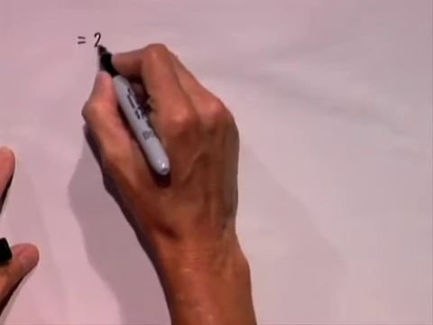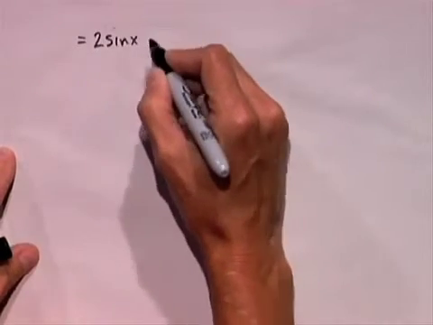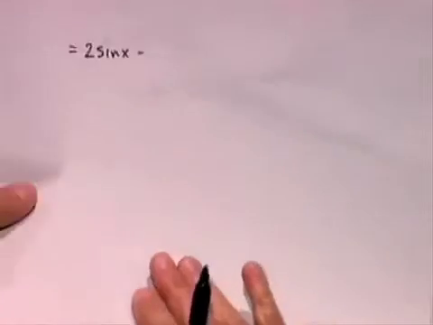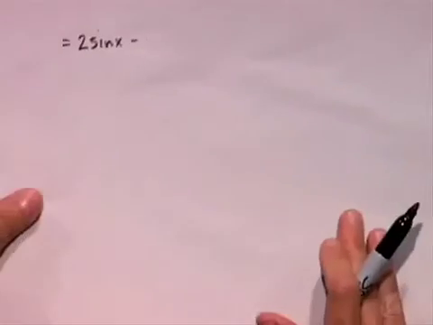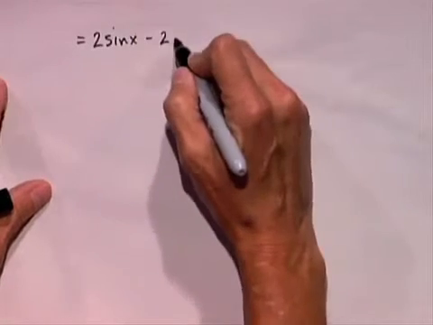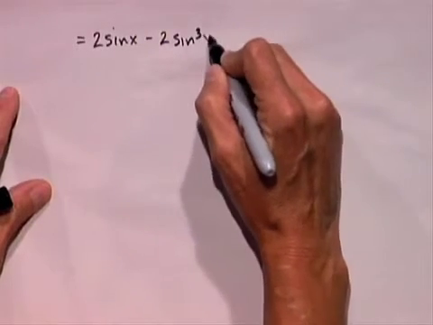If I distribute, I end up with 2 sine x, and 2 sine x times negative sine squared, which will be negative 2 sine cubed of x.